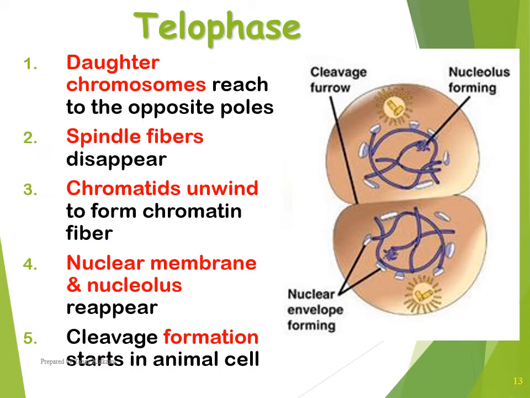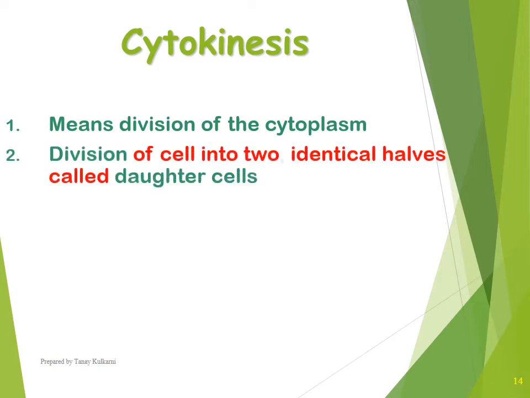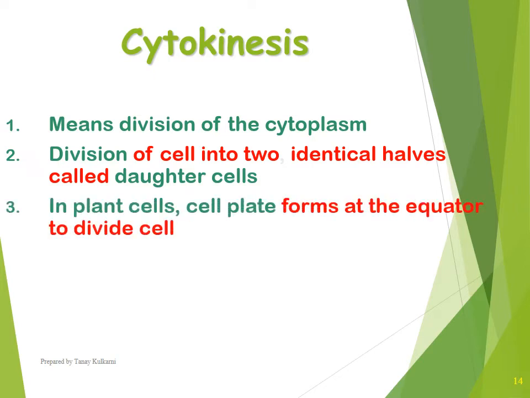Okay, we'll go ahead. Once this is completed, the cell will enter into cytokinesis. Cytokinesis means the division of cytoplasm. The division of the cell into 2 identical halves, called daughter cells, is done in a plant cell by the formation of the cell plate, and this cell plate formation is done by using Golgi vesicles.